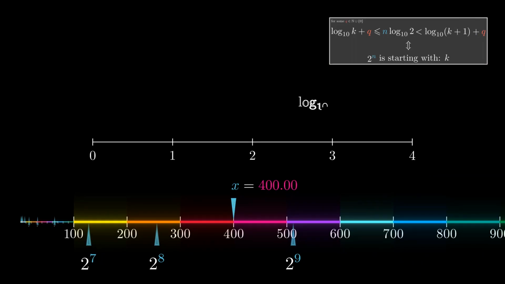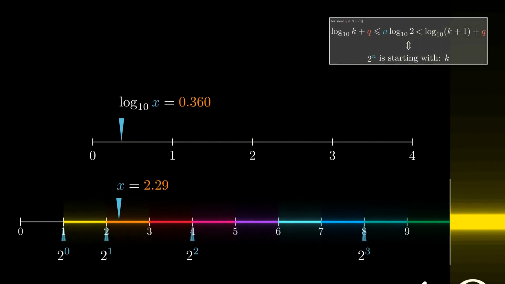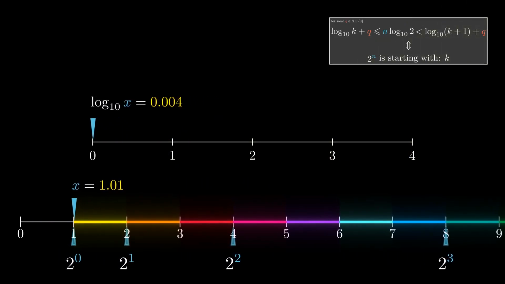Above it is another number line where the value of the logarithm is displayed. At this stage, our task is to color the upper number line, inheriting the colors from the bottom number line, via the logarithm. Strictly speaking, a point on the upper number line has the color that its preimage has. For example, the number 0 on the upper number line is yellow, since its preimage is 1, which is colored yellow.